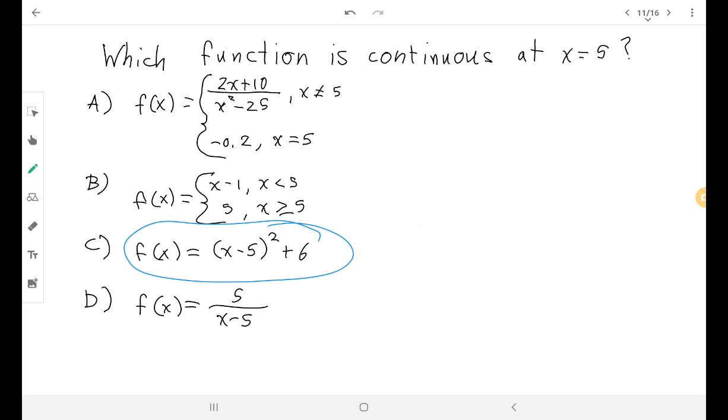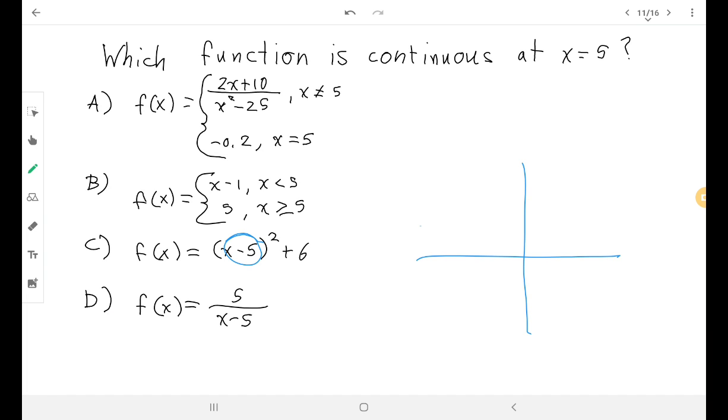This one, there's nothing weird going on. I'm not dividing by anything, so I'm not going to get a denominator of 0. This is just a parabola, and if you remember how to read this, this is a parabola shifted in the x direction by positive 5, and shifted in the y direction by positive 6.